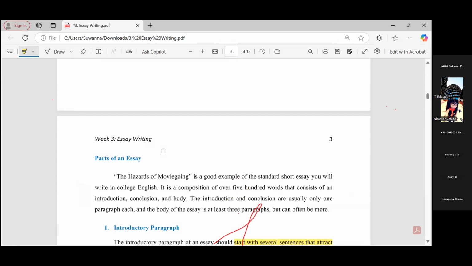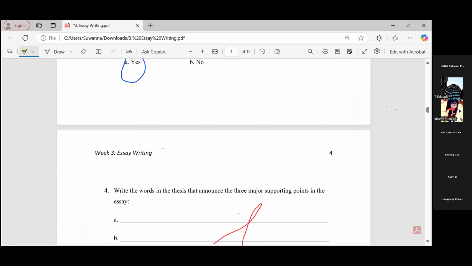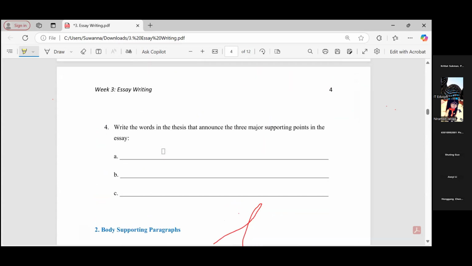So that leads us to the fourth question. Can you write down the words in the thesis that announce the three major supporting points in the essay? Okay, go.